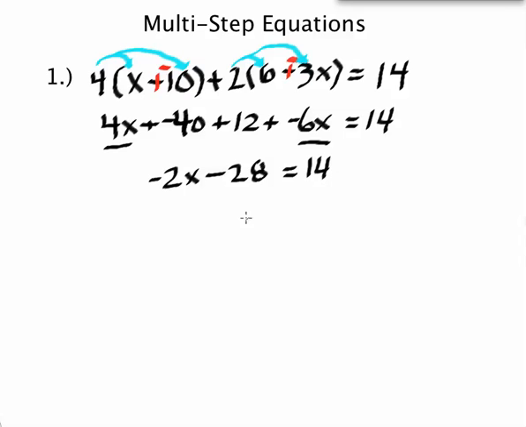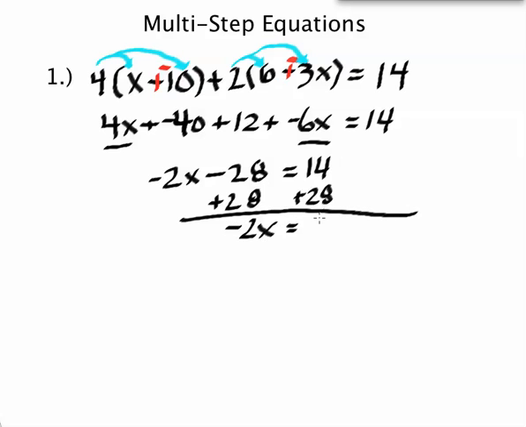Now I've got just a regular two-step equation where I've got to add 28 to both sides. And when I do that, I get negative 2x, that was left behind on this side, equals a positive 42. I'm going to divide by negative 2.